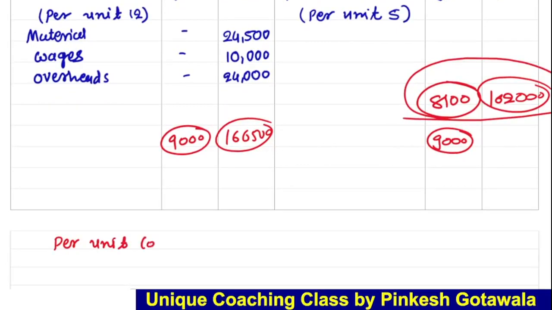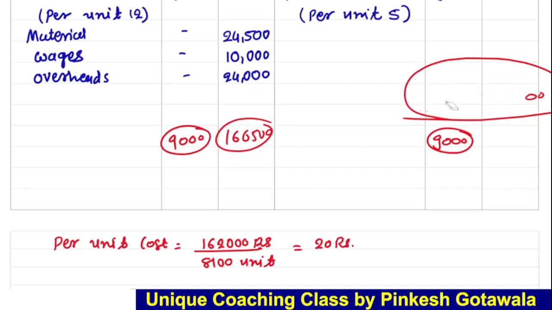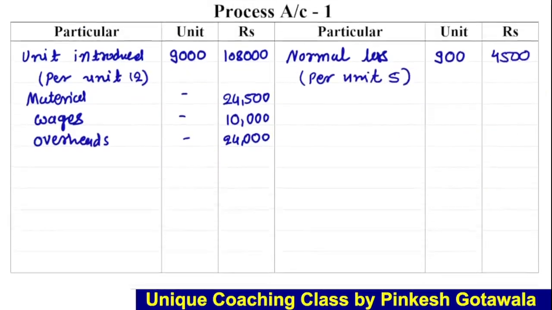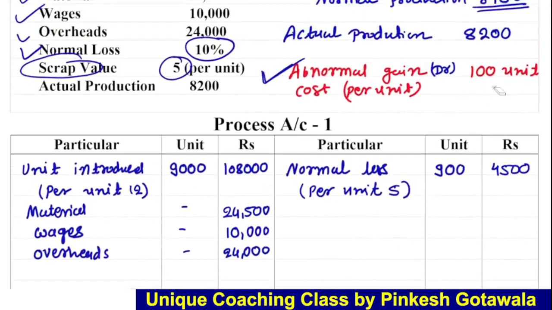Per unit cost: 1,62,000 rupees divided by 8,100 unit. Okay, so per unit cost will be 20 rupees, right? So it will be the cost for an abnormal gain. So the method to find out cost, whether gain or loss, is the same in both. So here you will get 20 rupees.